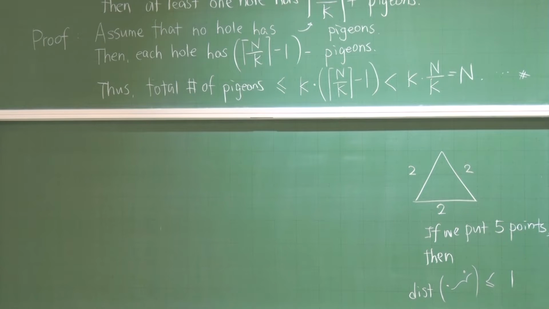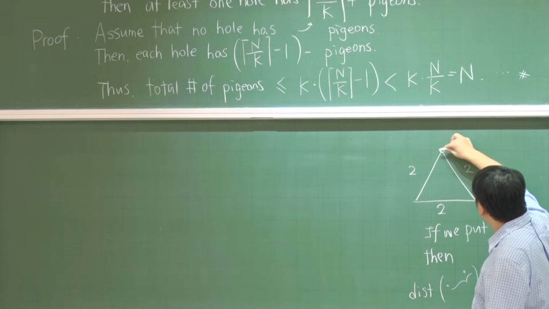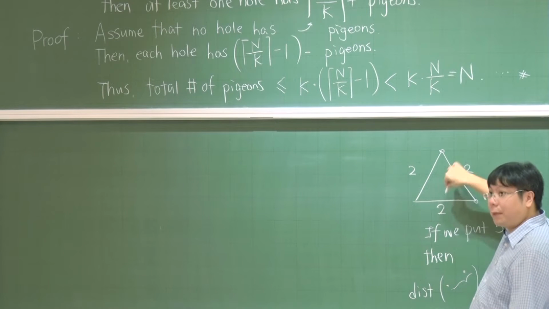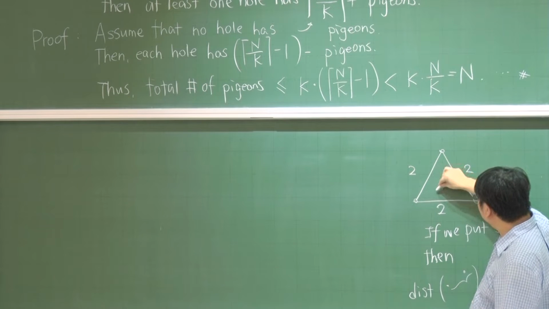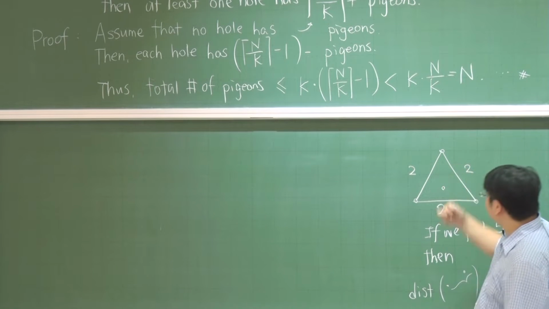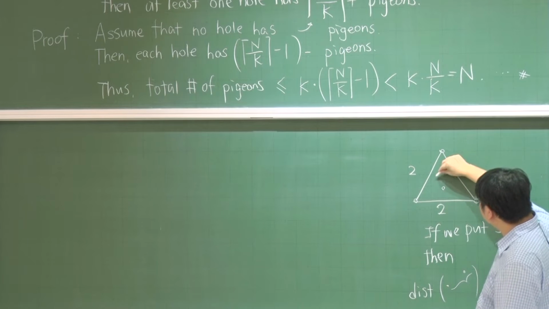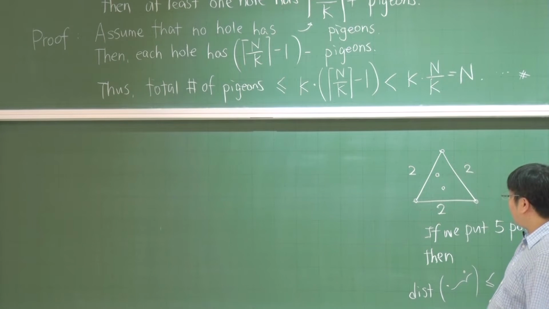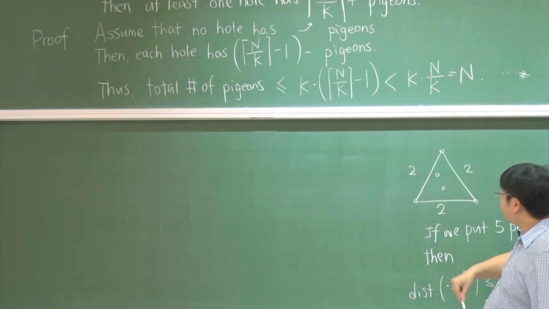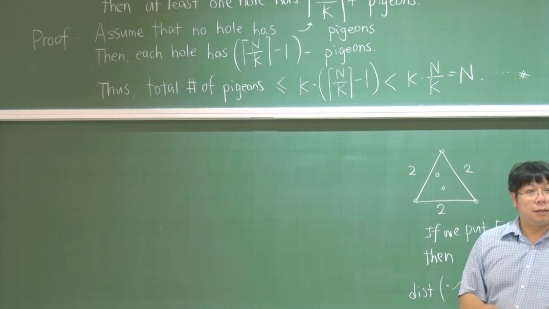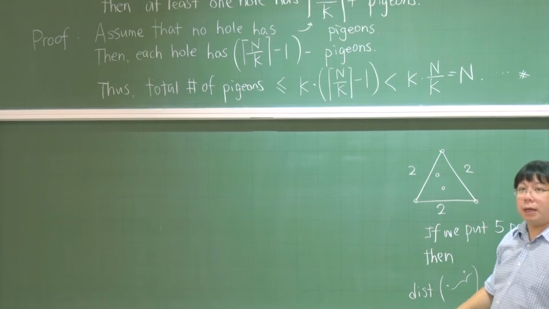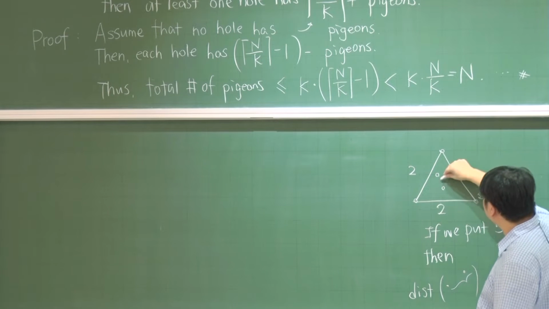So no matter how you put the points, maybe I'm putting a point here, a point here, just inside this triangle, maybe a point here, and then maybe a point here, something like this. Then we have a lot of distances. Then we can show that at least one of the distances between 2 points has to be less than or equal to 1. Maybe this one is less than or equal to 1.